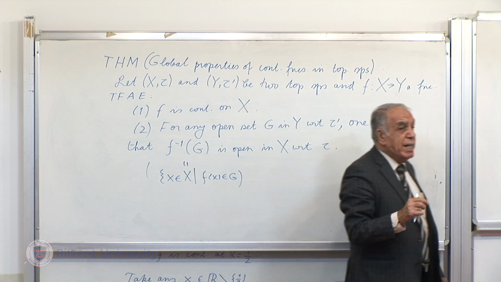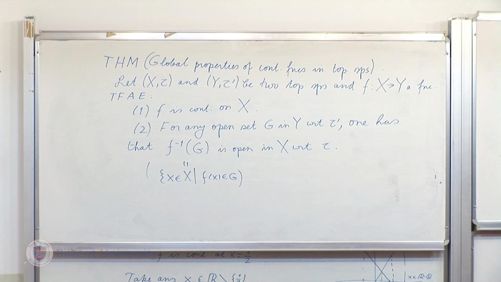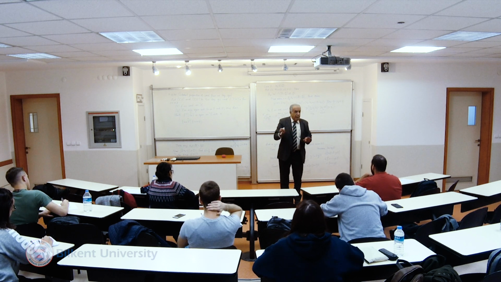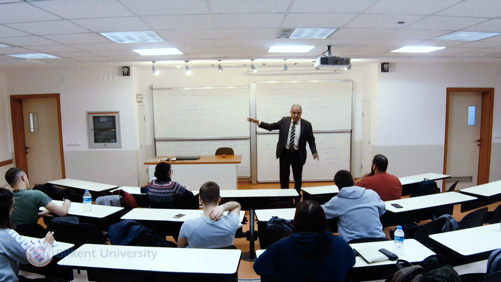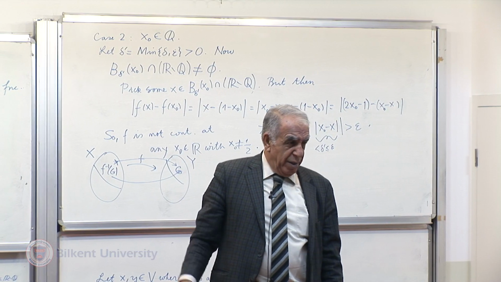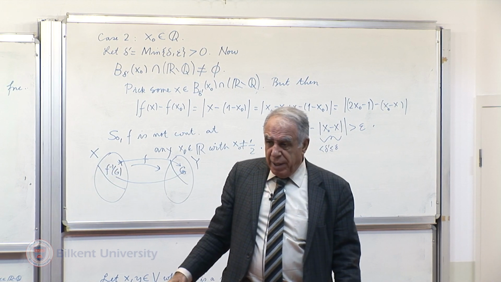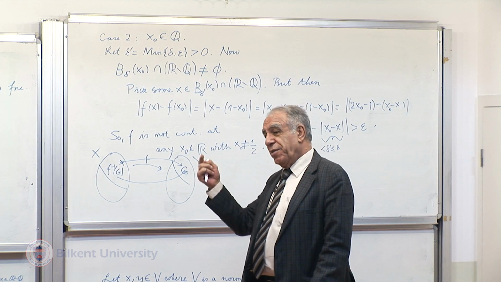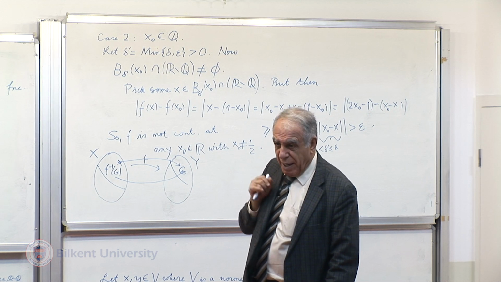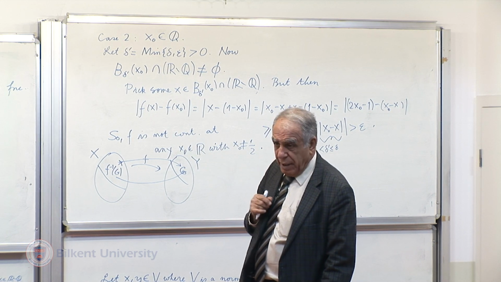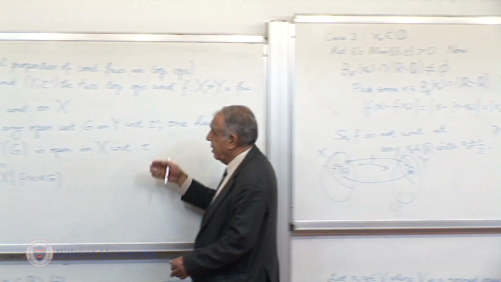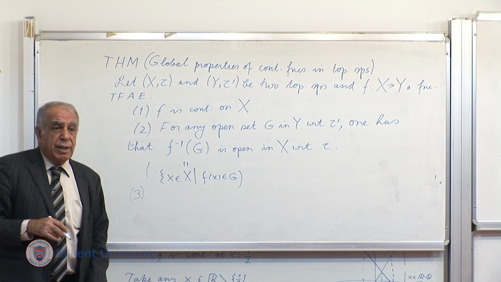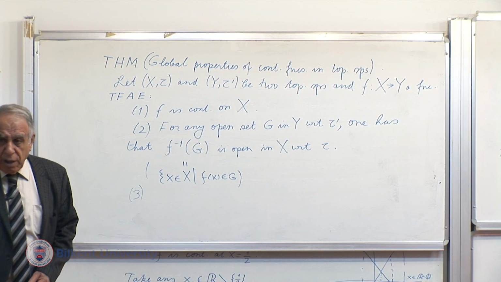So if openness is preserved under the inverse of the function f, which is not a function itself unless f is one-to-one and onto, but it's a set-valued map, well, openness gets preserved. If you go from Y back to X under f inverse, that's equivalent to continuity. But what we expect is, if that's the case, then we should have some similar characterization of continuity in terms of closed sets.